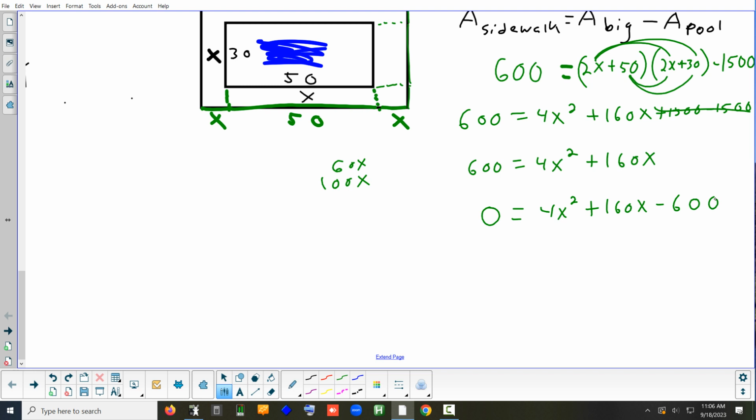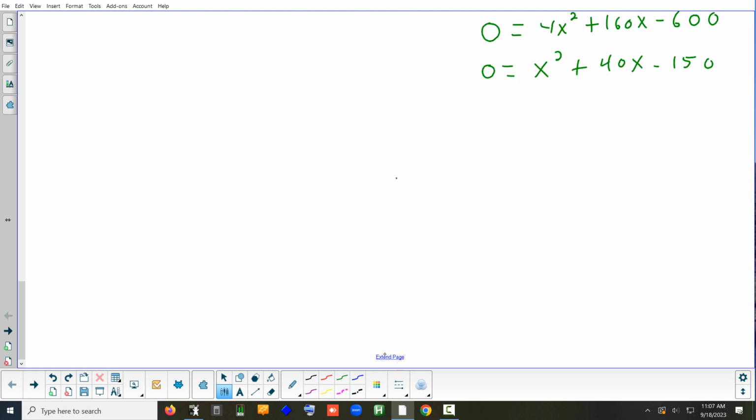Yep, Jason. Divide by 4. Yeah, you can divide everything by 4. You do not have to. But if you do, it's going to be a little easier. So x squared. What's 160 divided by 4? 40. 40x minus 150.